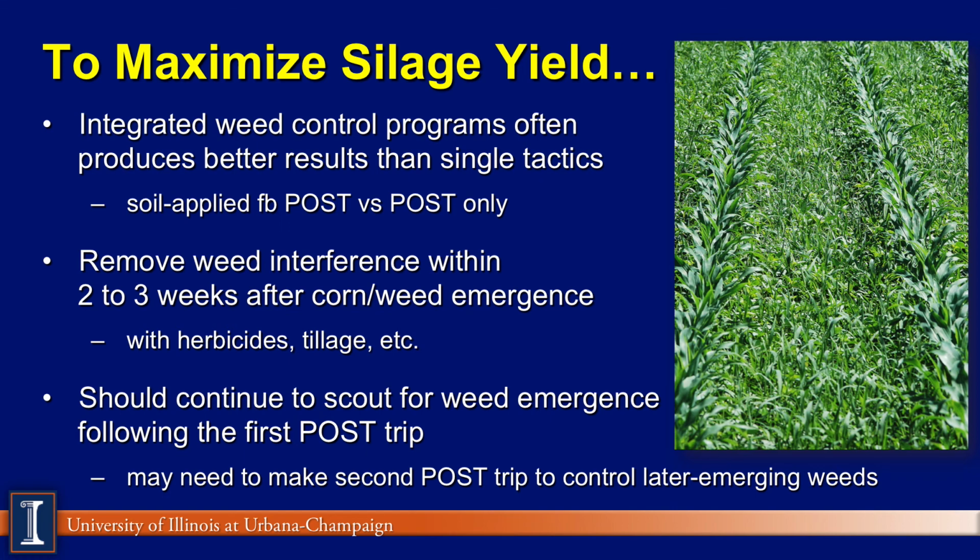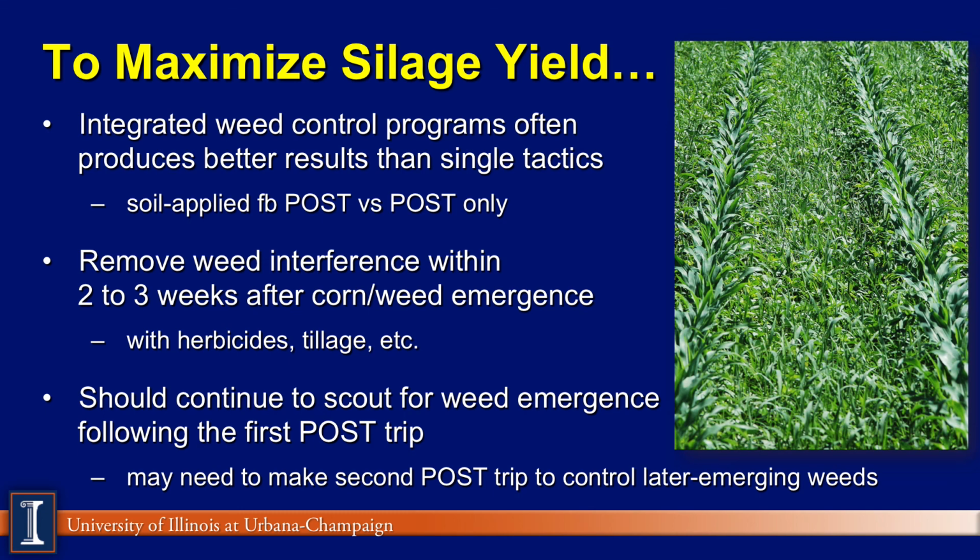These are very risky for corn in terms of being able to have the application made before the competition for resources between the corn and the weeds actually reduces the yield potential of the corn. So something like a soil-applied program, followed by a post-applied program, integrating tillage and good cultural practices, is a system that really allows the corn to express its maximum genetic potential better than any one single tactic by itself.